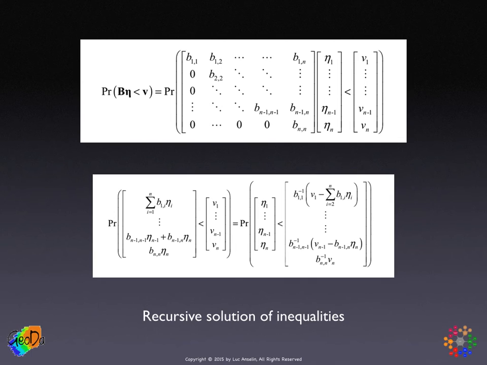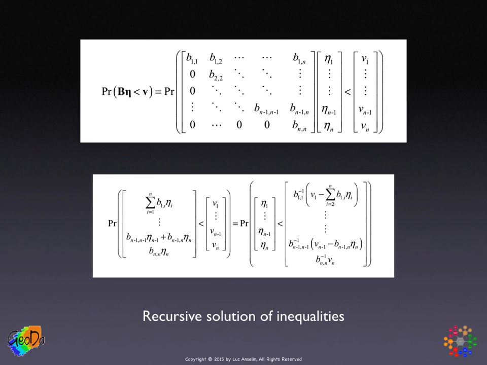So again, this gives us a value, a scalar. We can evaluate the probability that eta n sub n minus 1 is less than this bound in the usual way with the cumulative standard normal distribution. That gives us a p-value, the second p-value in our series of independent p-values for our joint distribution, right?